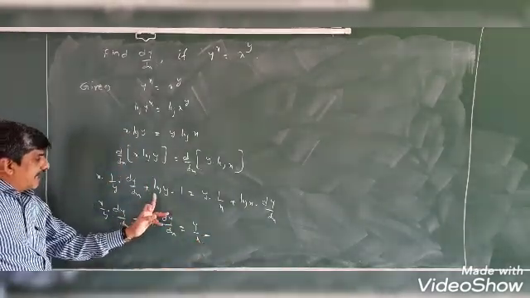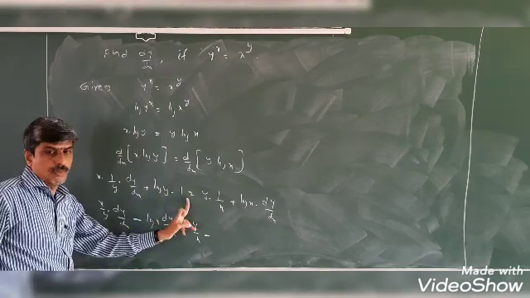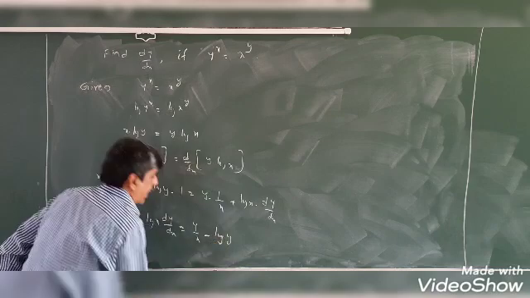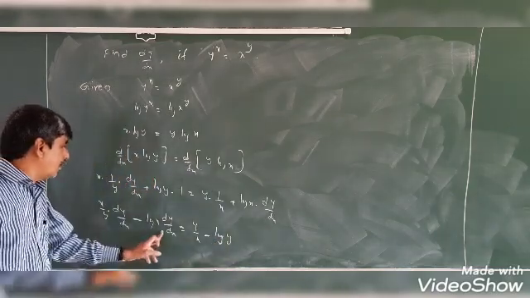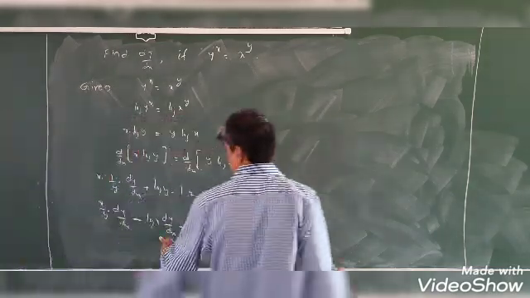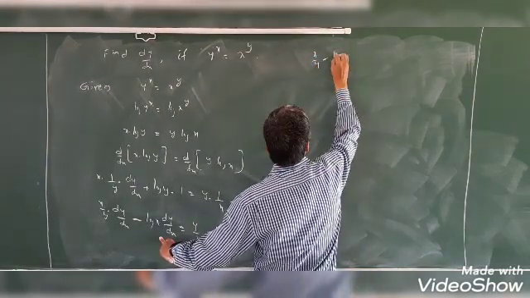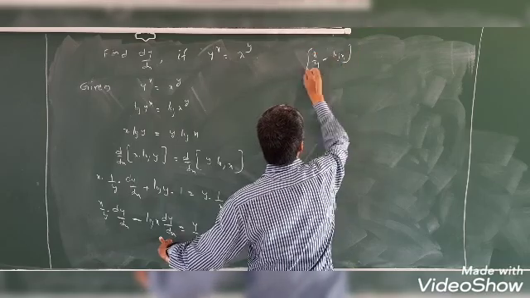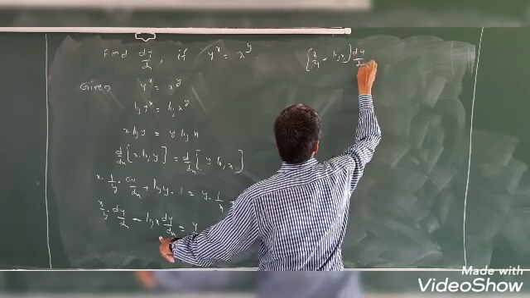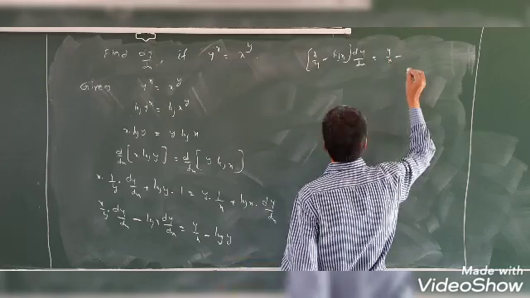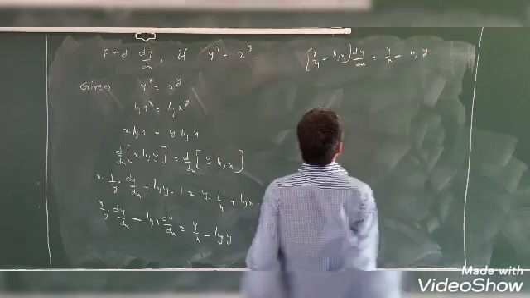Then other than dy by dx, here plus log y into 1 is there, and this should go to the other side as minus log y. So common out dy by dx from these two terms: x by y minus log x into dy by dx is equal to y by x minus log y.